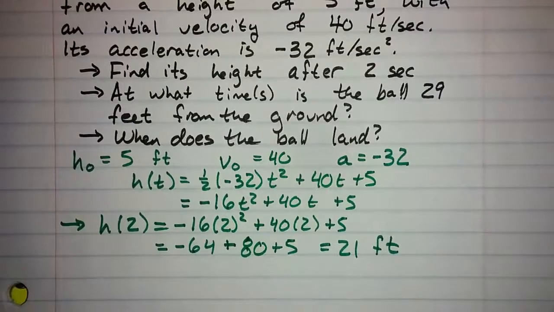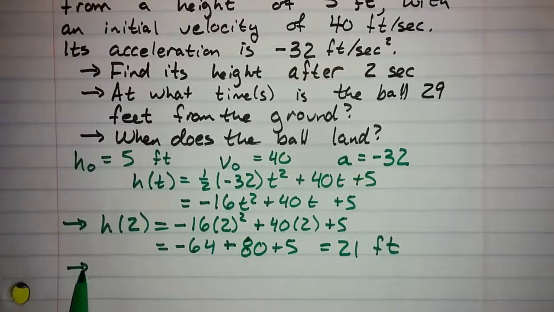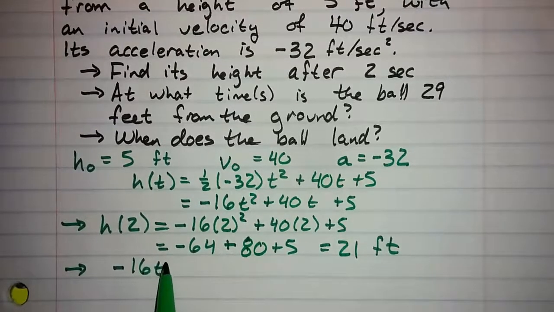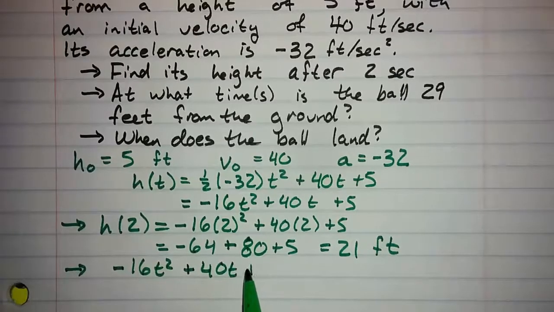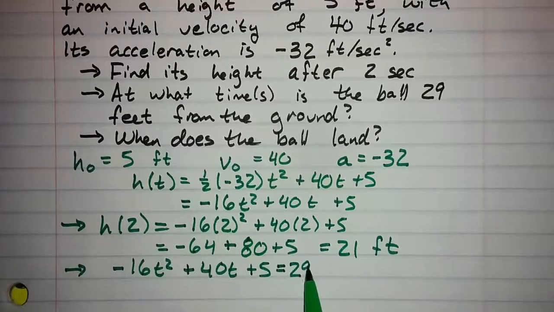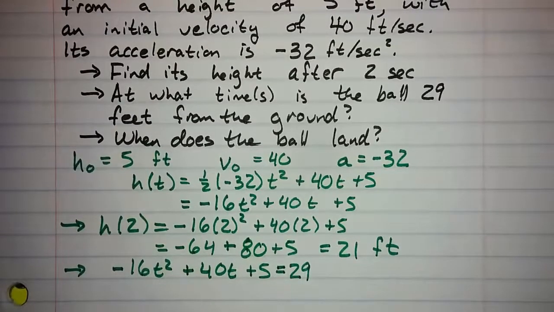So the height after 2 seconds is 21 feet. At what time is it 29 feet above the ground? I'll need to solve the equation negative 16t squared plus 40t plus 5 is the height 29 feet above the ground.